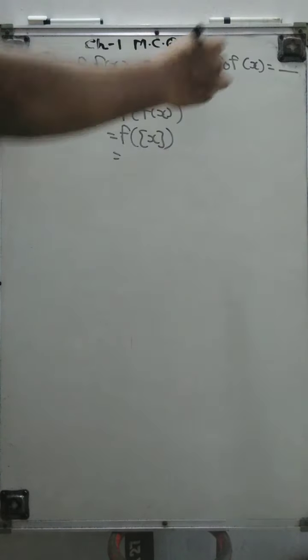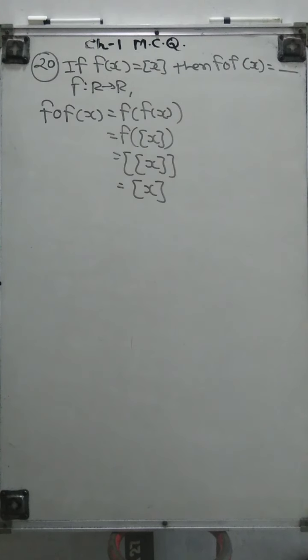Two brackets are not necessary, only one bracket is there, and the box is the integer part function, so our answer is [x]. So f(f(x)) is also f(x). So this way we can obtain the answer.